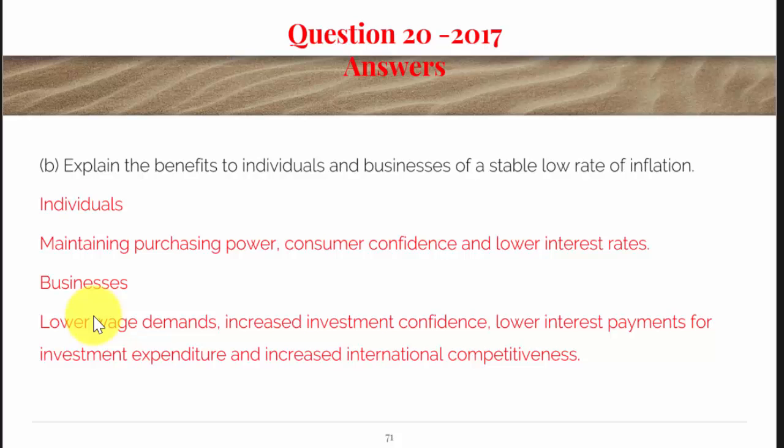For the businesses, they will experience lower wage demands. They will have more investment confidence, mainly due to the lower interest rate payments, and therefore also then be able to offer products and services at a lower cost to our foreign customers. So international competitiveness would then be increased.